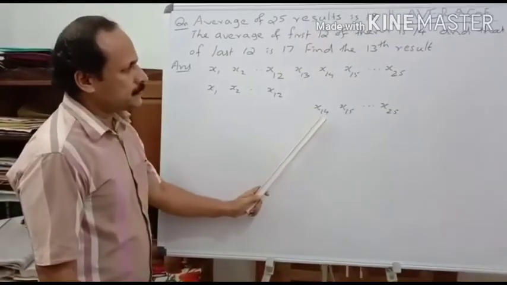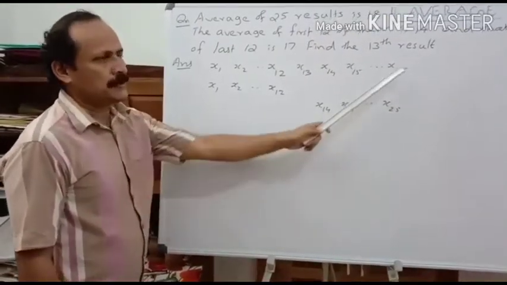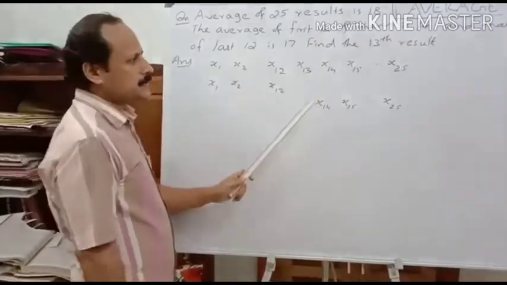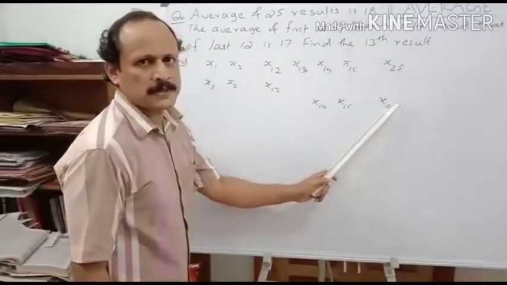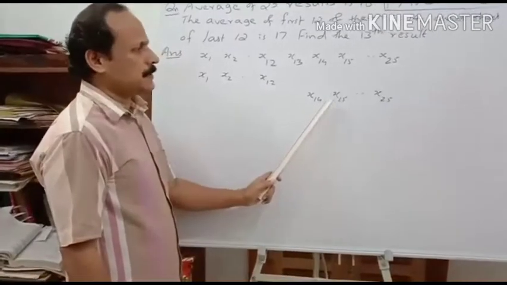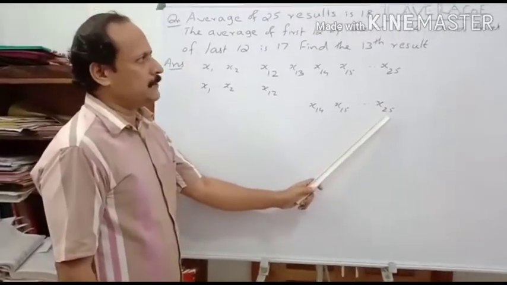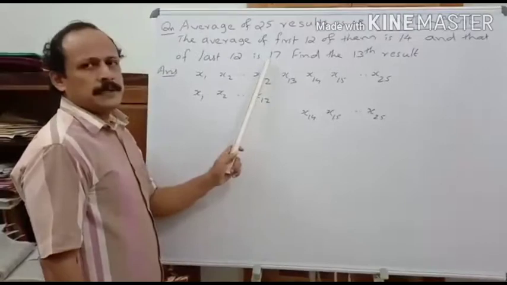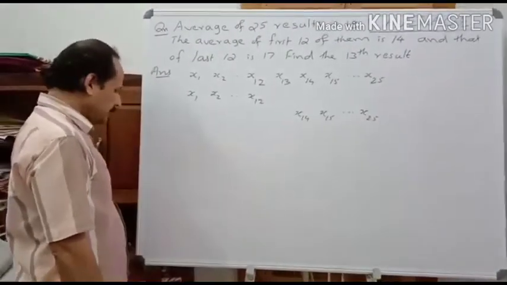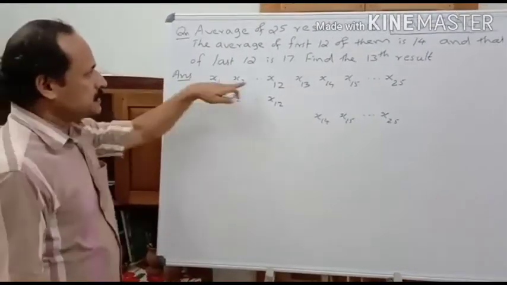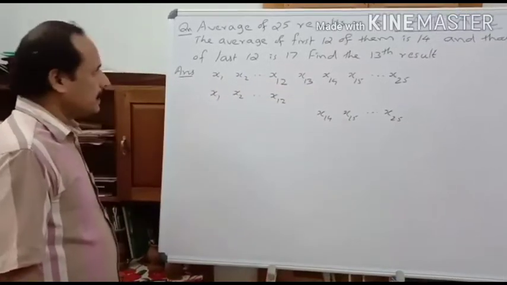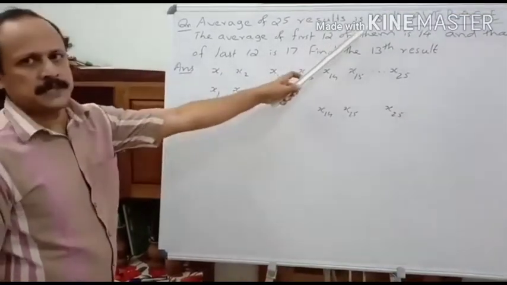And the average of the last 12 among the 25 results, that is from the 14th result onwards, x14, x15, etc., x25, is 17.